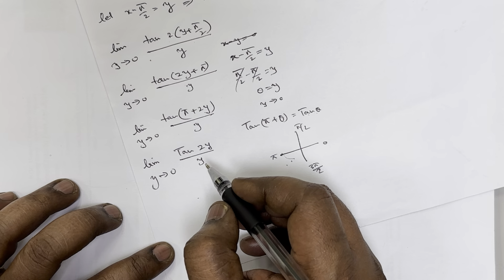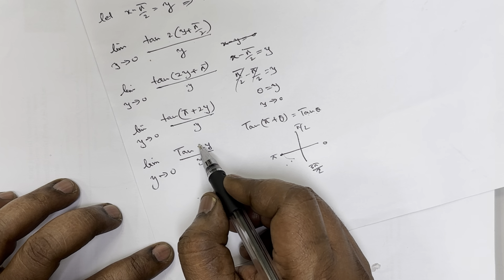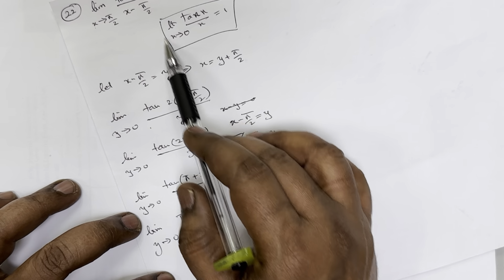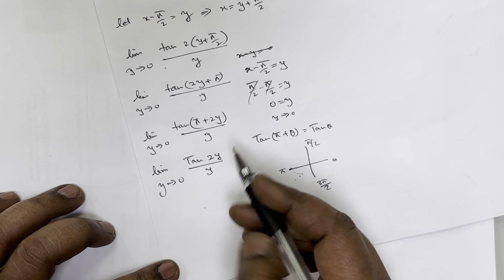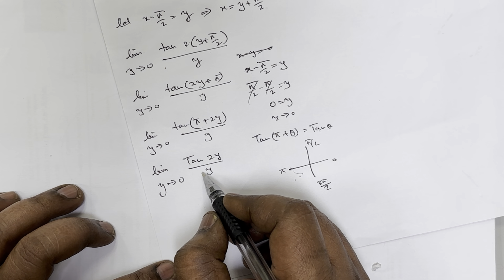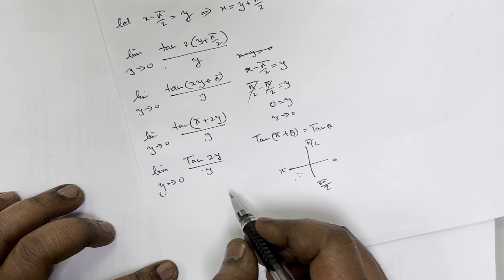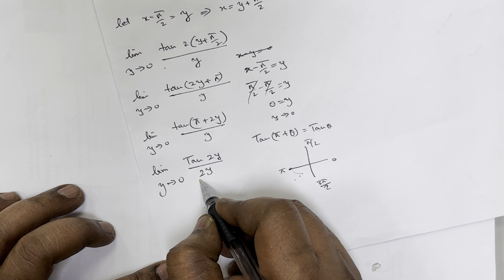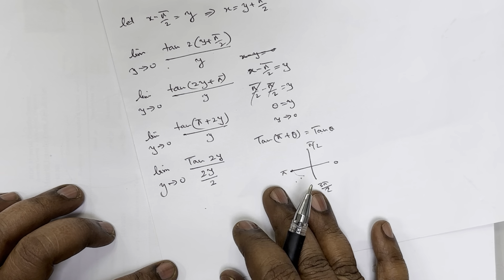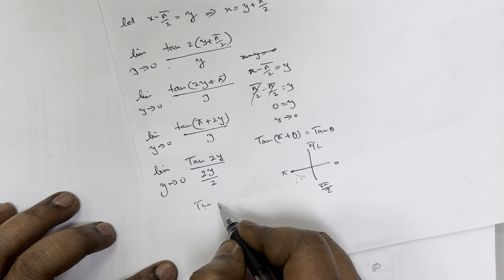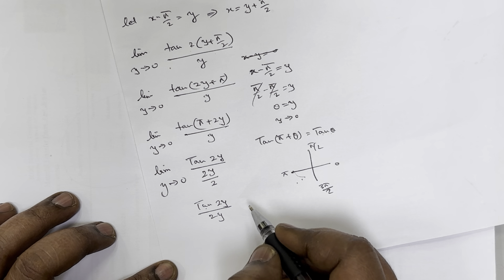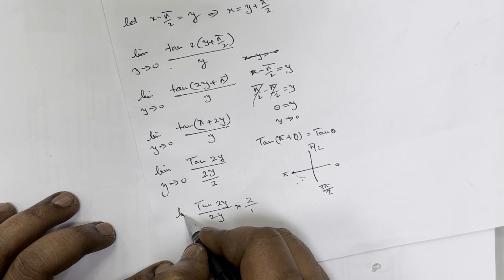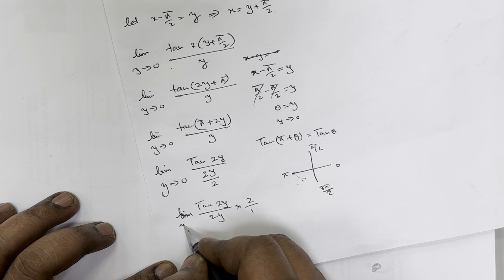Now you see, this almost resembles the theorem, only the thing not available is 2 here. So let's multiply and divide this by 2. Now let's write it as tan 2y upon 2y multiplied by 2 by 1, and limit y tends to 0.